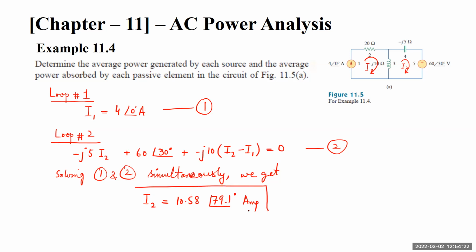So this is the value of I2 which we have. We now have both values of I1 and I2. So this is for source 1, 2, 3, 4, and 5. Let's try to find out the average power across these components.